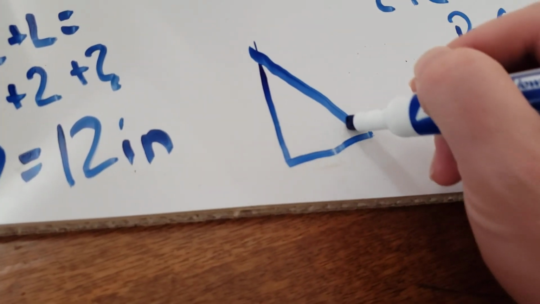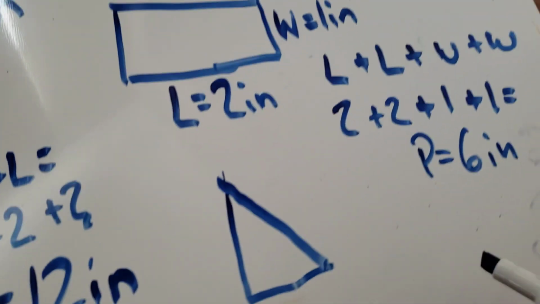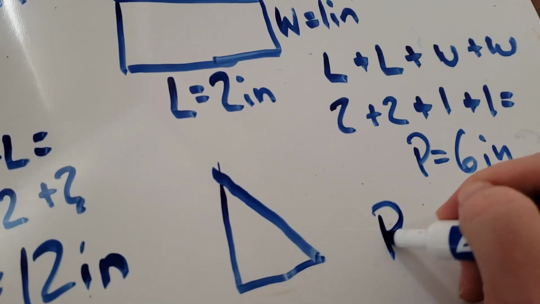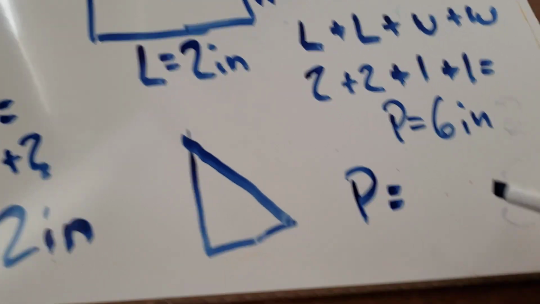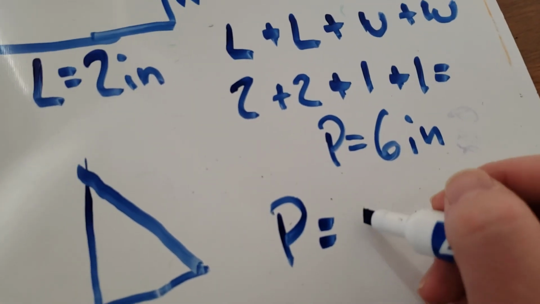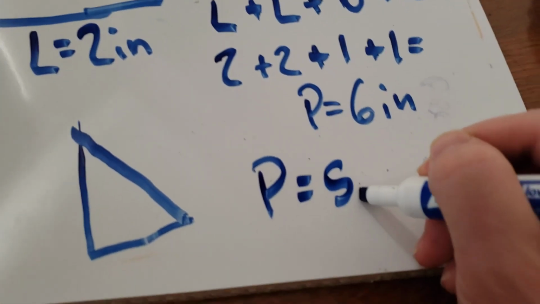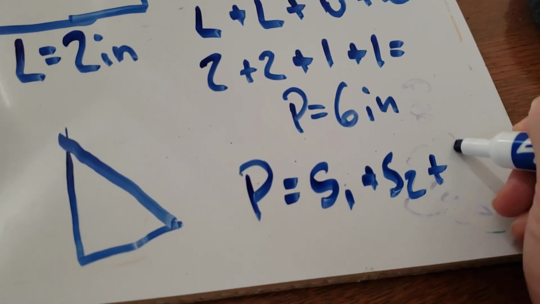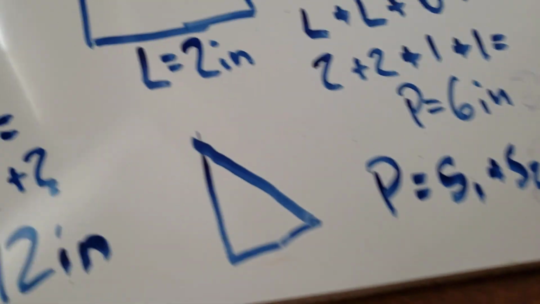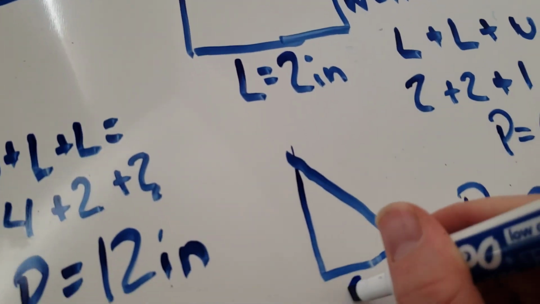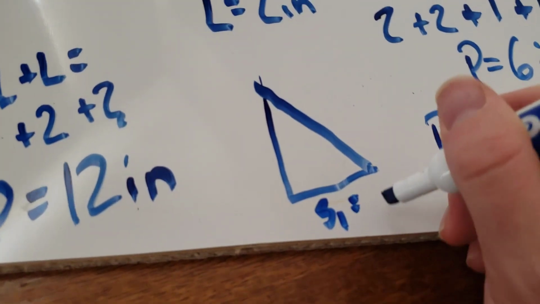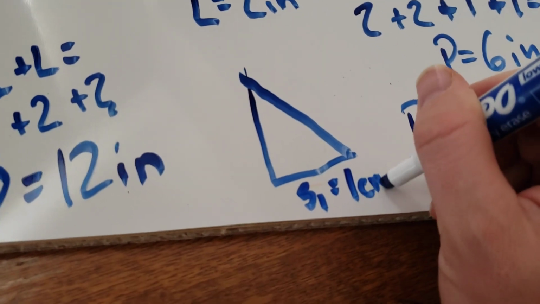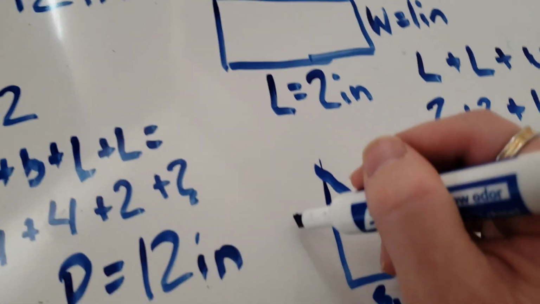Now, with a triangle, it doesn't matter what type of triangle you have. So here we have a right triangle. To find the perimeter of a triangle, we just add up all the sides. So we could say side 1 plus side 2 plus side 3. So let's call side 1 1 centimeter. Change up the units a little bit.